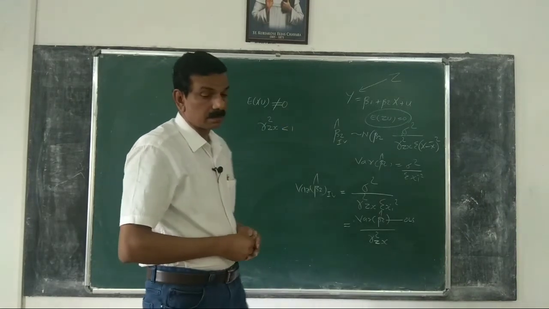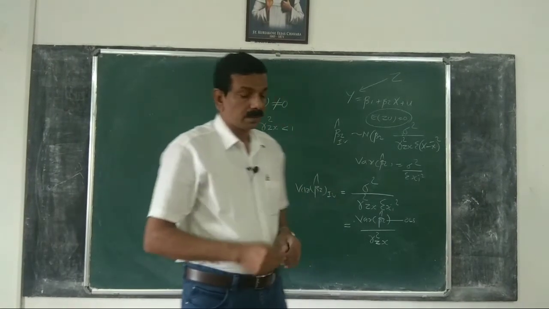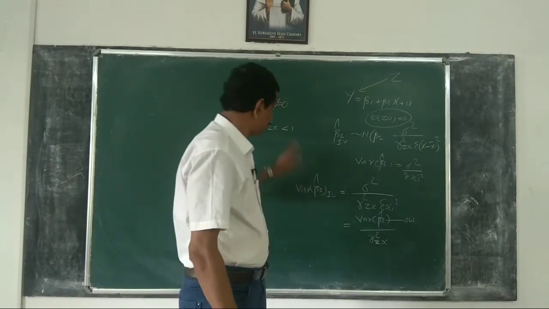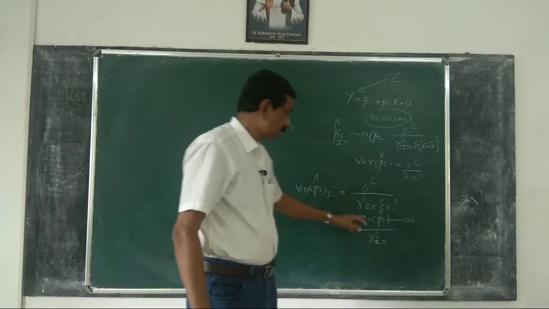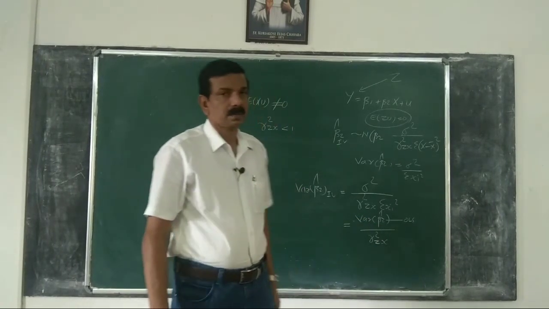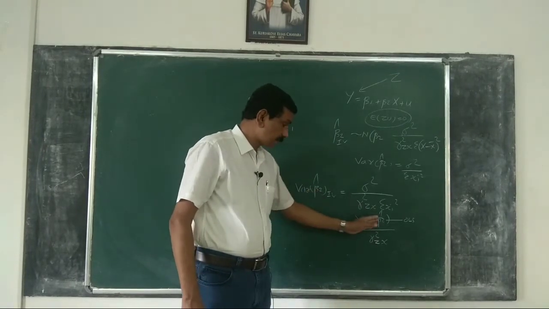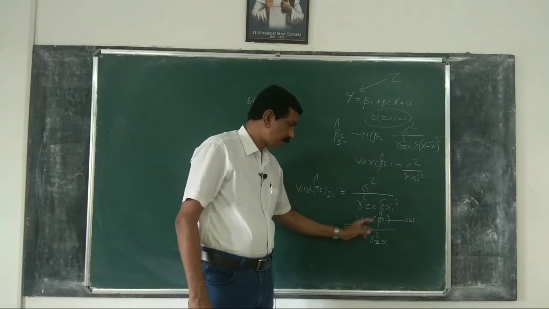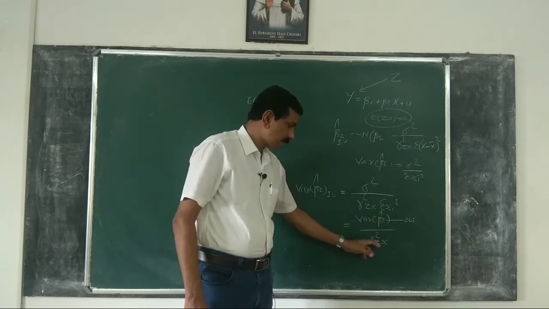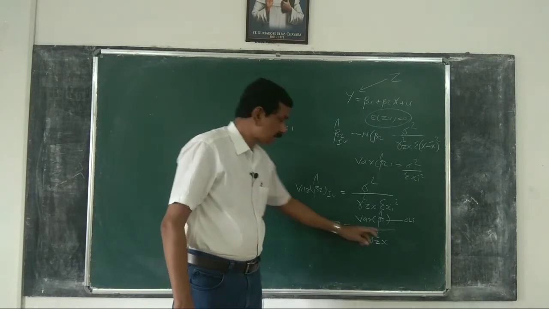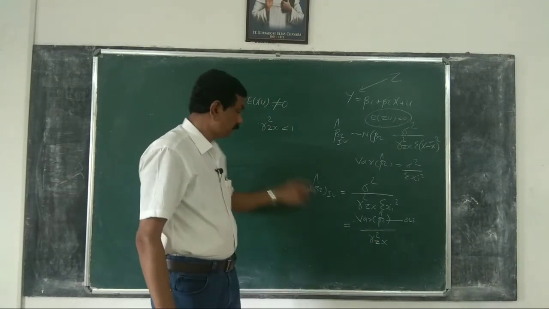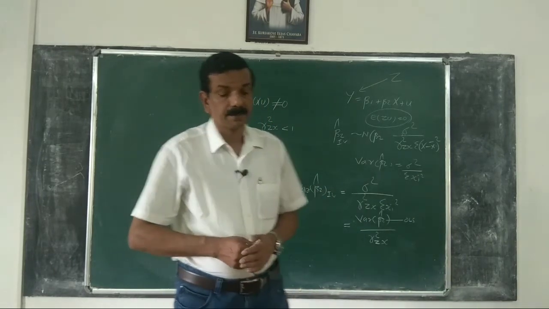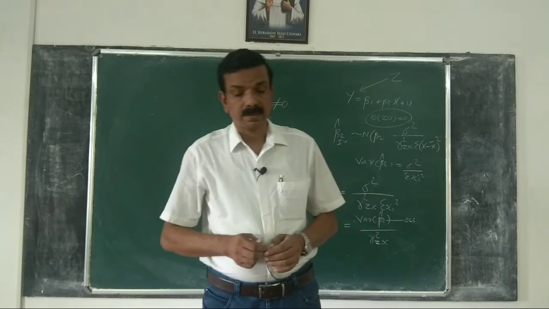So the variance of the instrumental variable is always greater than the variance of OLS, which is variance of beta 2 hat divided by a quantity which is less than 1.